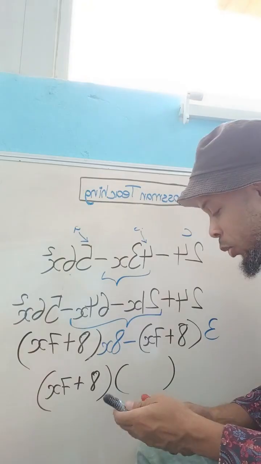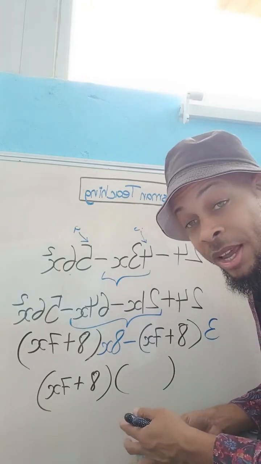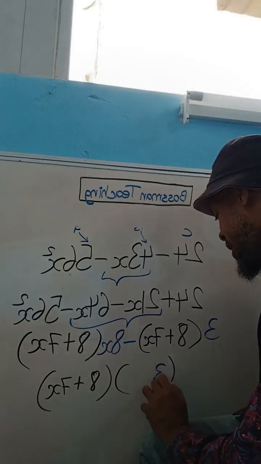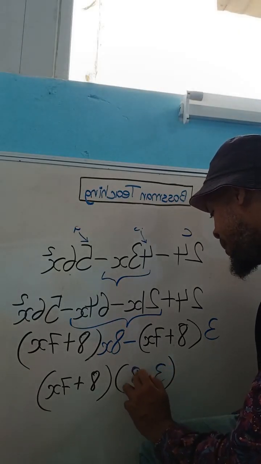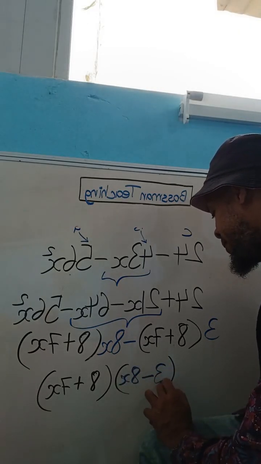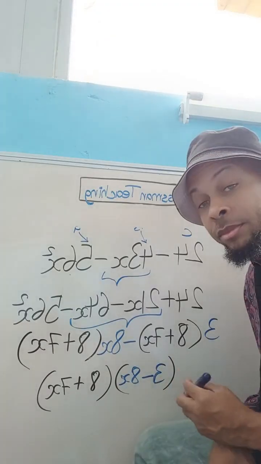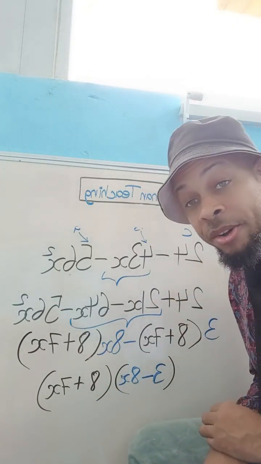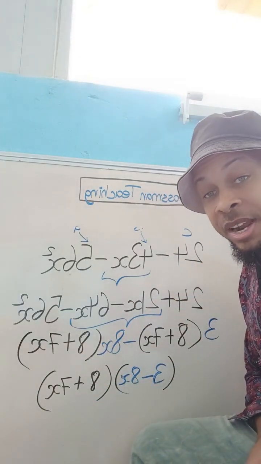What's in blue is 3 minus 8x. 3 and minus 8x, so there you go. And just like that, we're done.